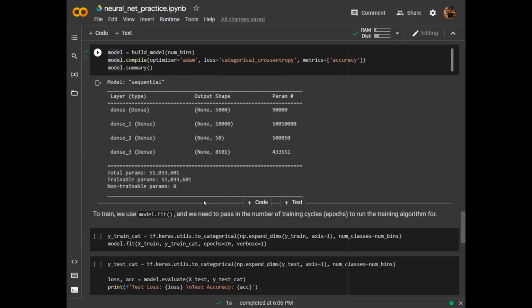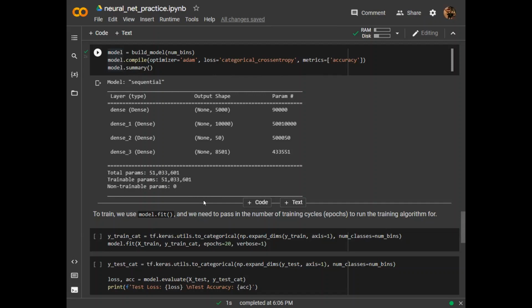This is why these models take lots of compute resources, because you've got 51 million numbers that you need to update each single time that you run something. To be honest, 51 million might be on the smaller end, but it's still a lot larger than you really need for this. All right, so 51 million parameters.